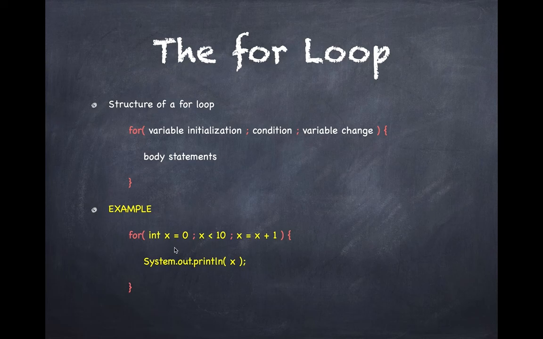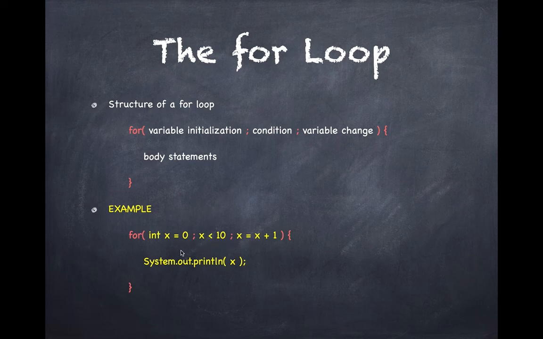This example is the same thing as the while loop that we just looked at. So we have for int x equals 0. That's the variable initialization. Then a semicolon. The condition is x has to be less than 10. All right, then another semicolon. And then we're going to change the variable every time we go through the loop by adding 1 to x. Okay, so it's the same code, it's just a different format.